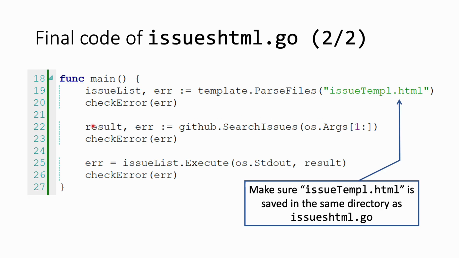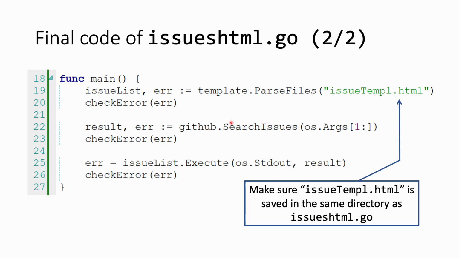And the remaining part of the main function of the issuesHTML.go program is just to execute the parsed template on the specific input returned by the github.SearchIssues function.